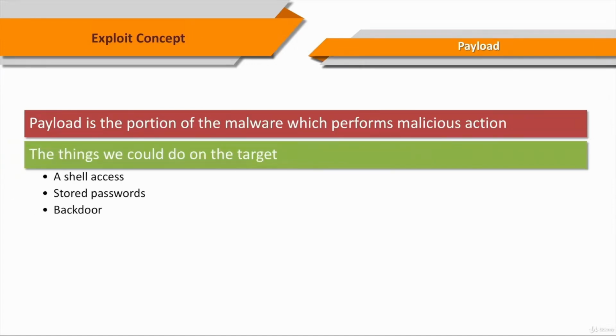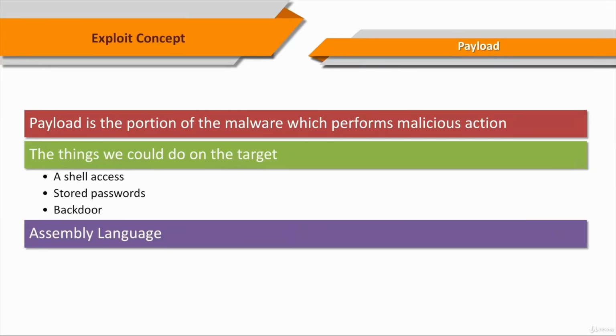An exploit is used to run a payload on the target. The things we could do on the target depend on the payload. A payload may give you a shell at the target, access to the passwords stored on the target computer, a backdoor on the target, etc.